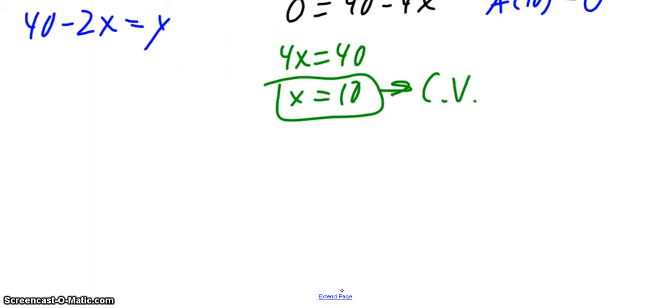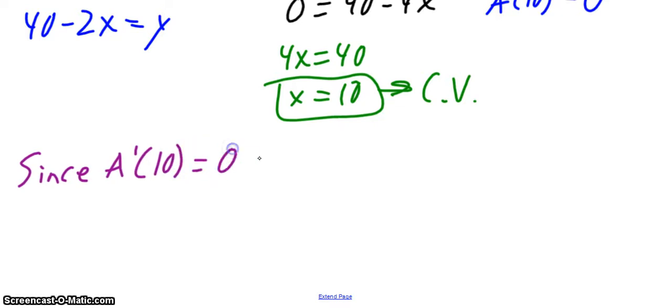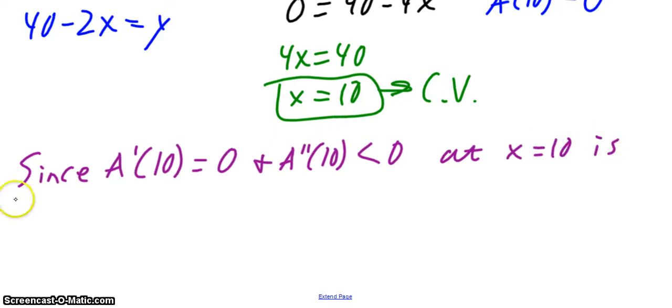So now we can finish our problem, and we can say, since A prime of 10 equals 0 and A double prime of 10 is less than 0 at x equals 10, is a relative max.